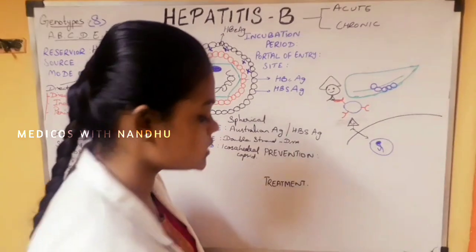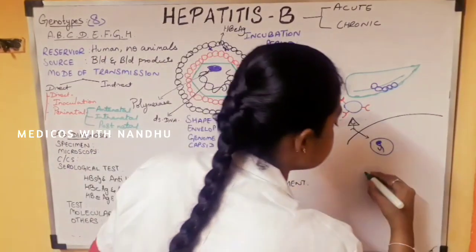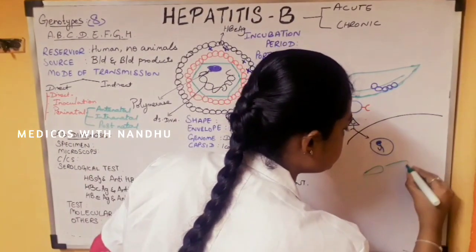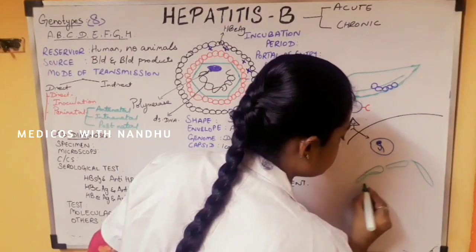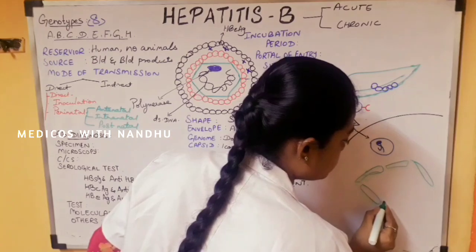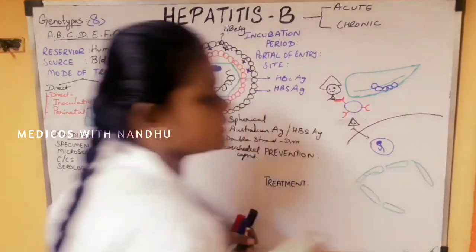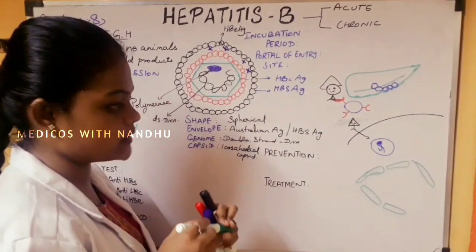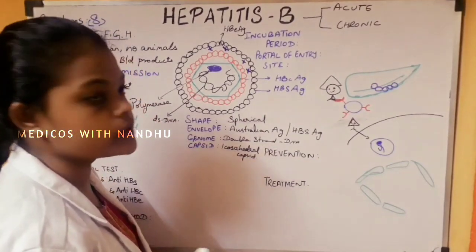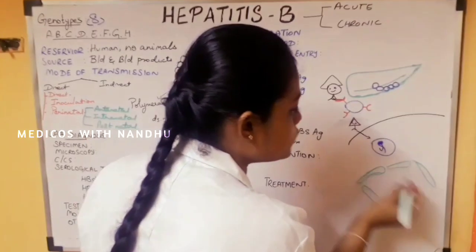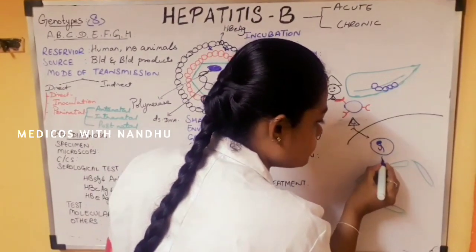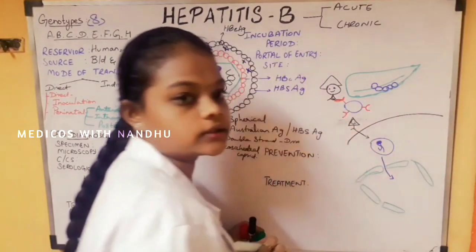How it enters the nucleus: see, this is a nuclear membrane. This is how it reaches the nuclear membrane, through the microtubules. We know the cell has microtubules. So through the microtubules it enters.